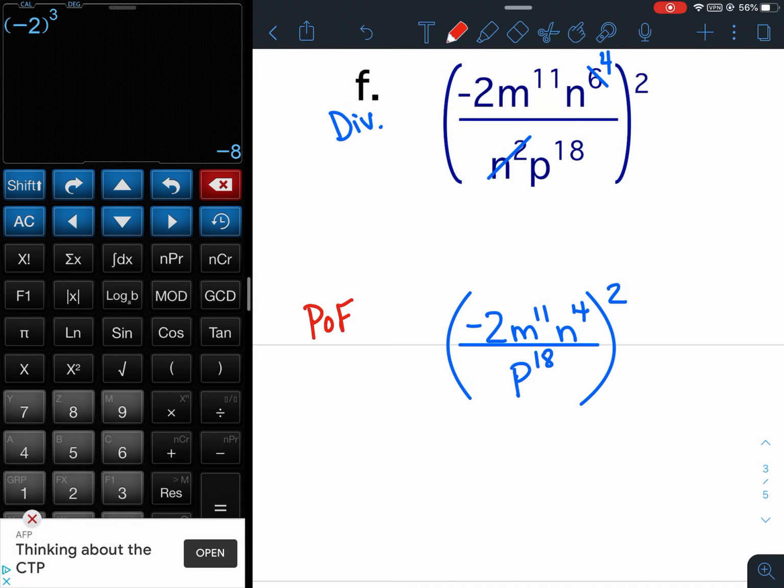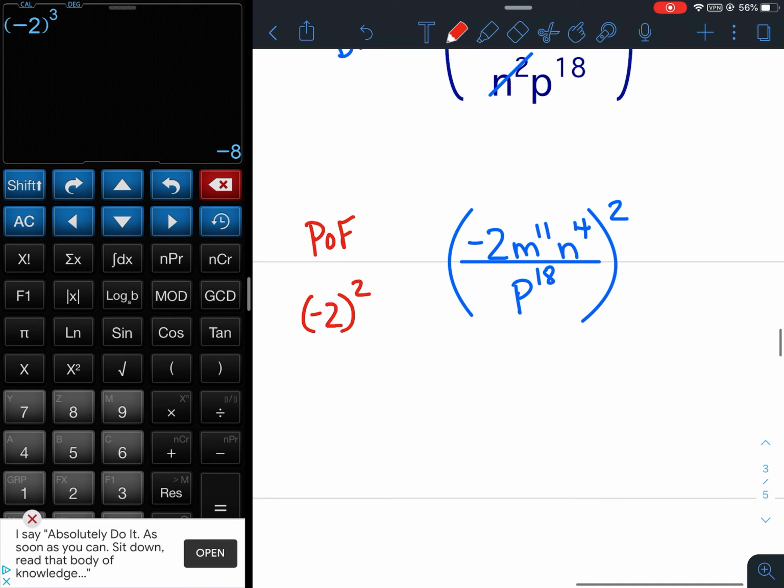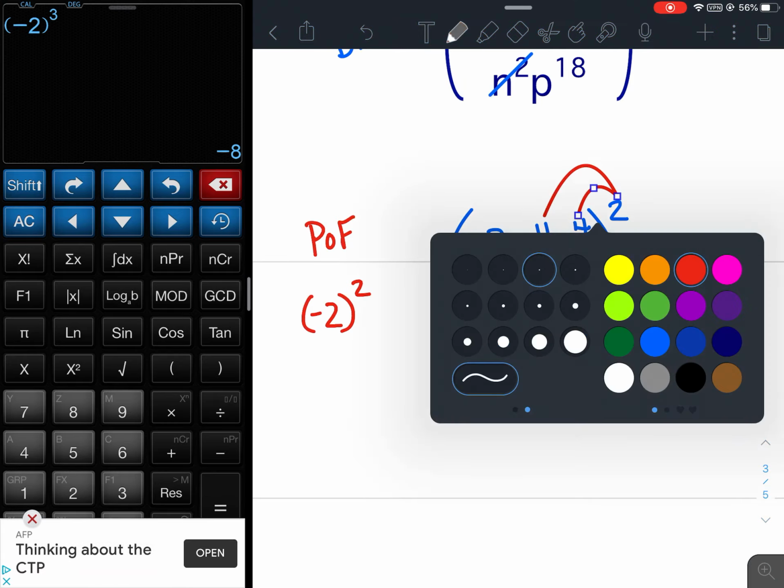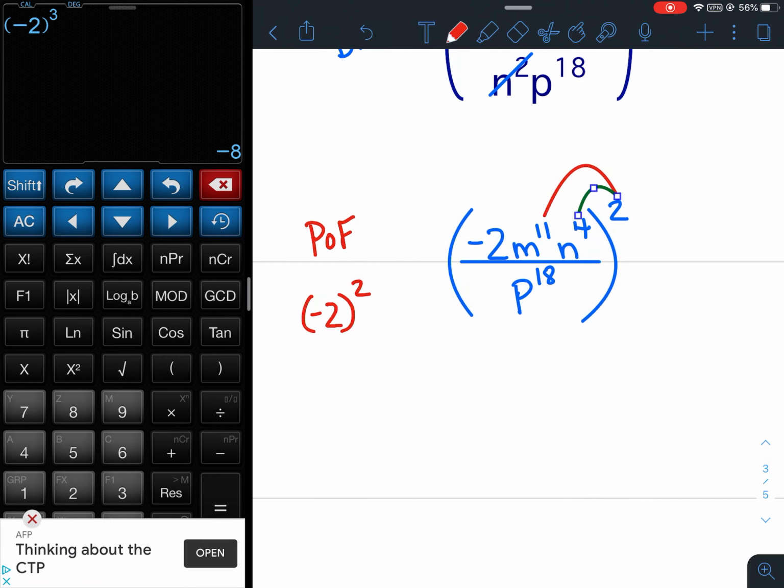So I'm going to take negative 2 and square it. And I'm going to multiply 2 times 11. Then I'm going to multiply 2 times 4. And last, I will multiply the 2 times the 18.